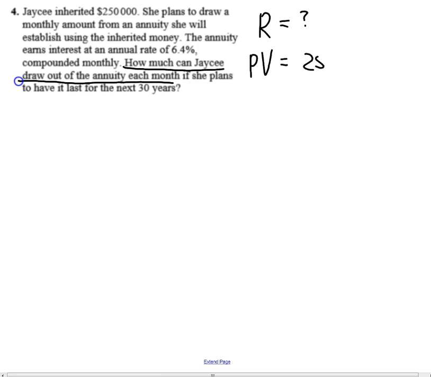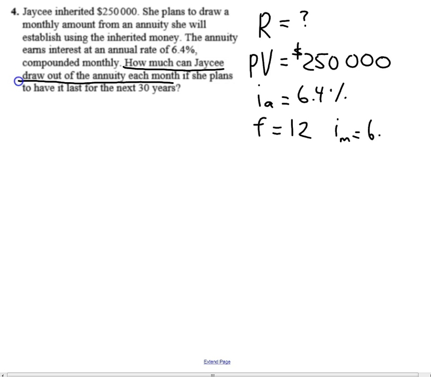That's $250,000. And that investment is made at an interest rate of 6.4% annually. The compounding frequency is 12. So we have a monthly interest rate of 6.4% divided by 12 to calculate.